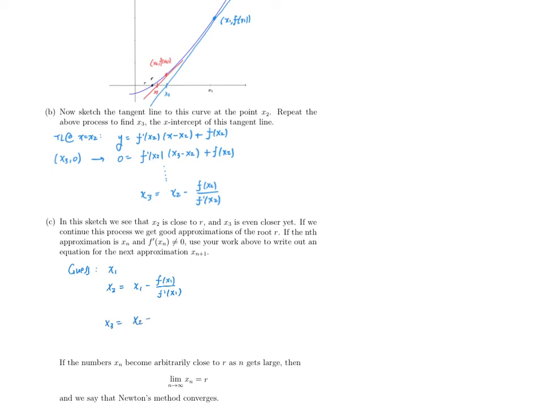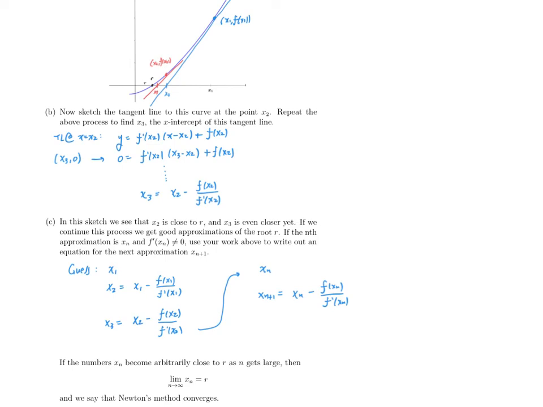So it would be x2 minus f of x2 over f prime of x2. So we have this nice kind of iterative method. In general, once you have xn, you can very quickly and conveniently find xn plus 1. It would be xn minus f of xn over f prime of xn.